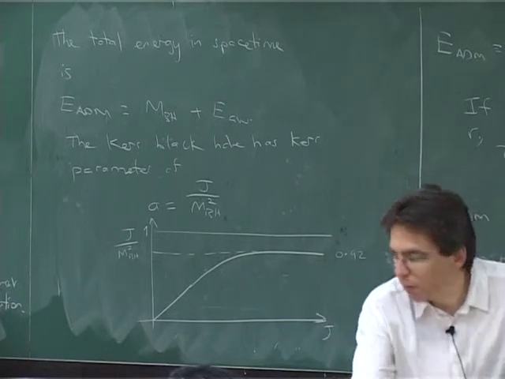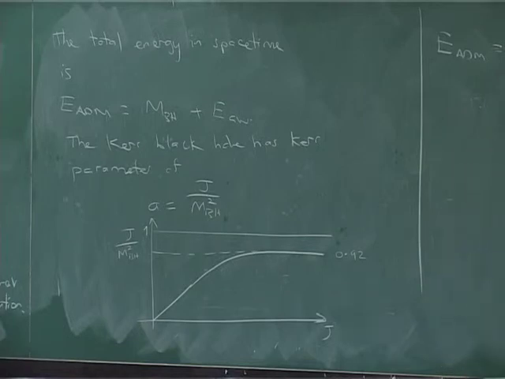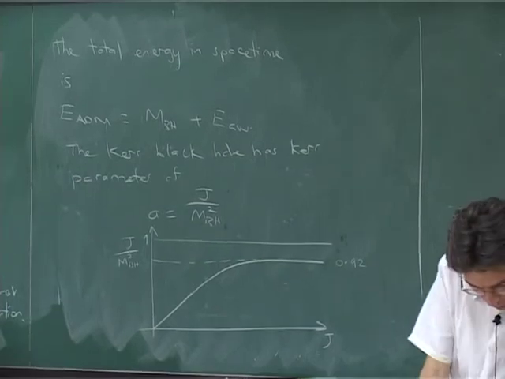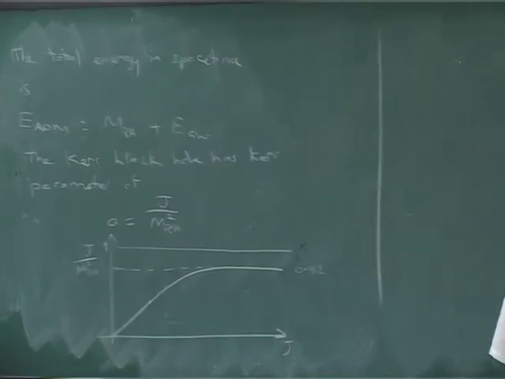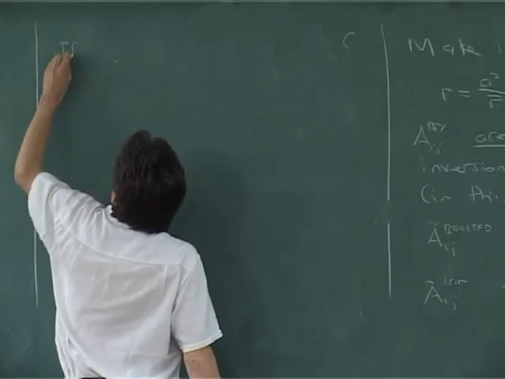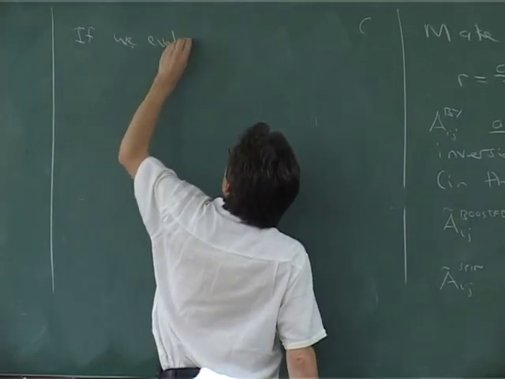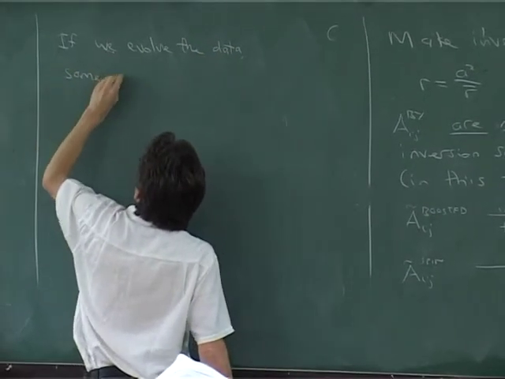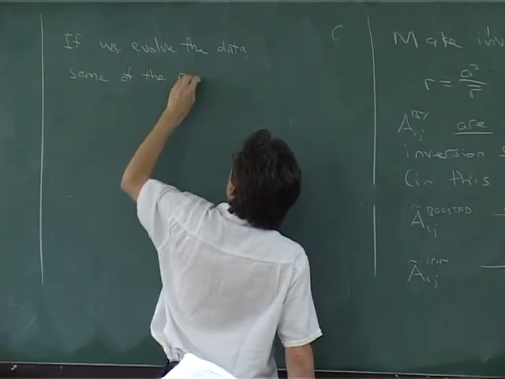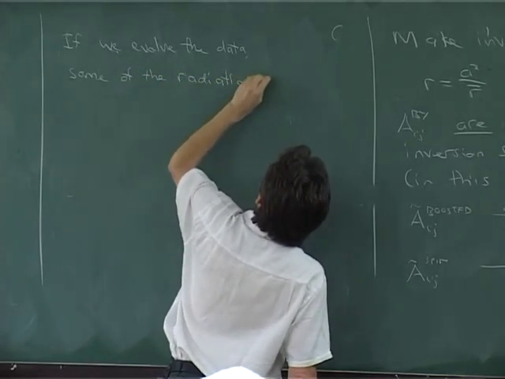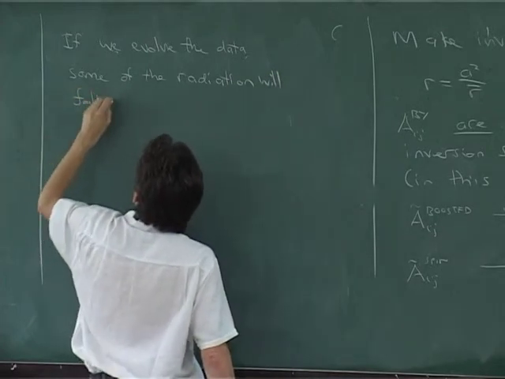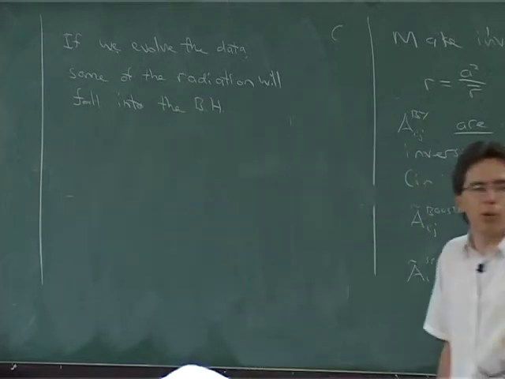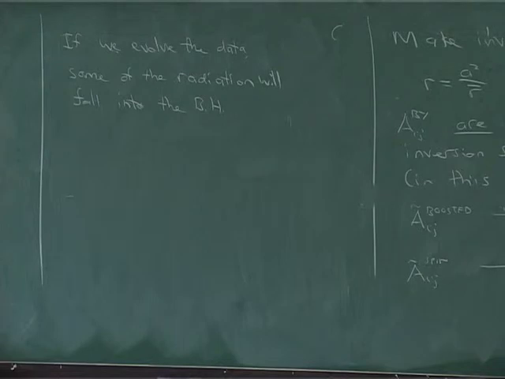Now, it's actually worse than that, because if we now evolve the data, we have this huge amount of junk radiation.